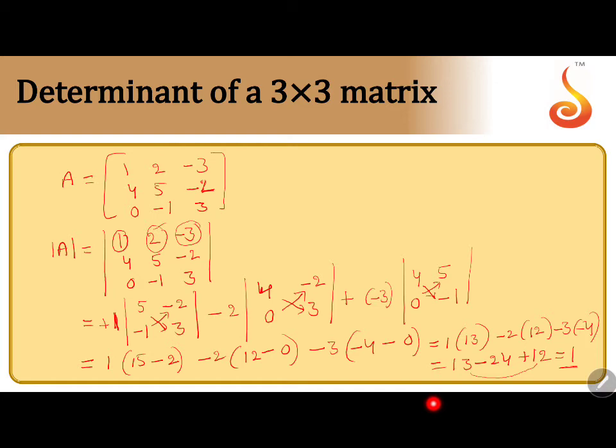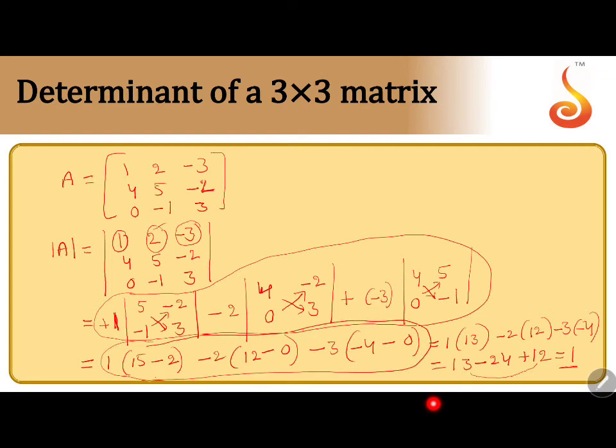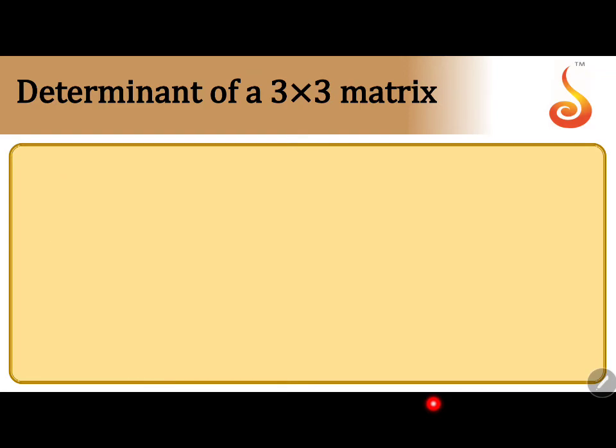But going forward, not required to write like this every time. So directly you can write this step. How? I will show you with one more example. Find the determinant of a matrix 7, minus 3, 4, 2, 1, 0, minus 1, minus 4, 5.